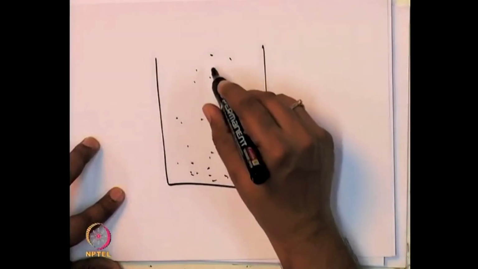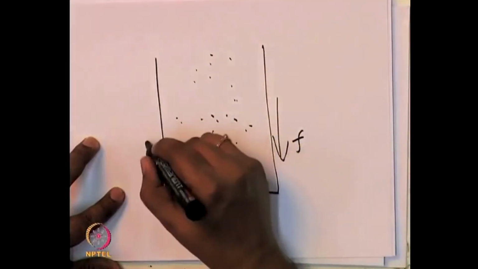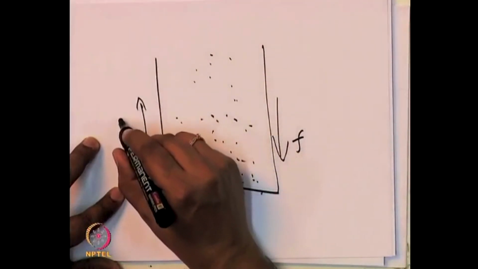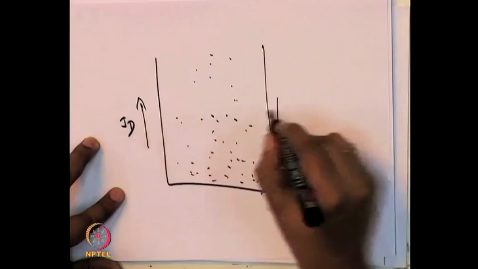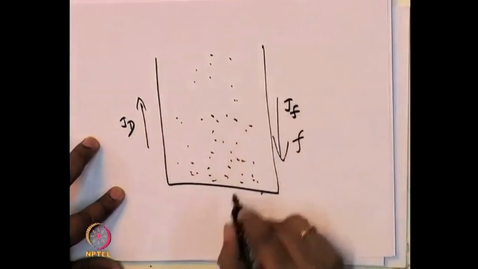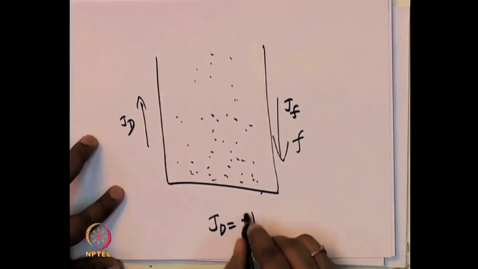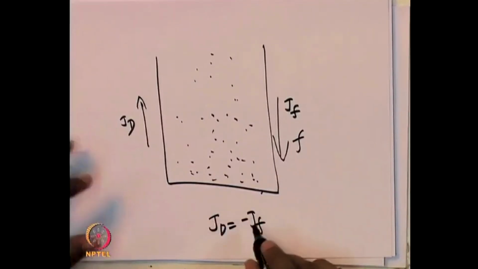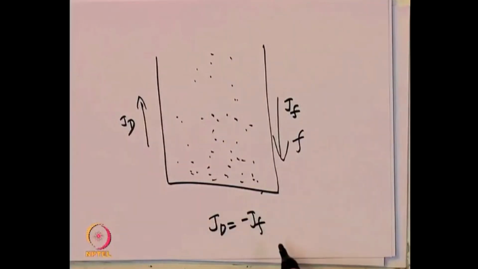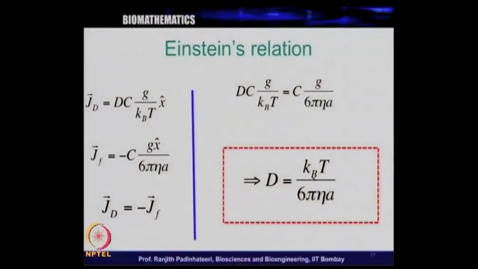Since the concentration is less here and more here, there will be a diffusive current, and the current due to the force, and when they are equal and opposite, by equating them, we get this relation, which is D is equal to kBT by 6 pi eta a.